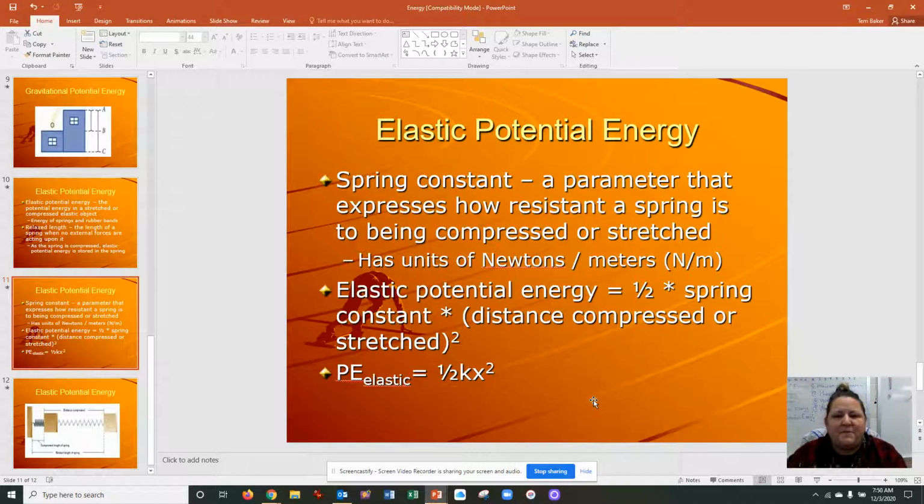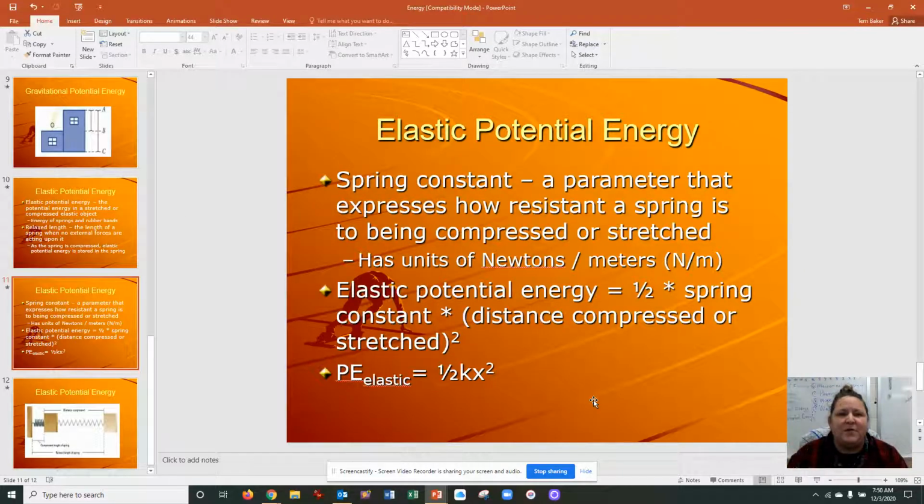If you've ever played with a spring, like from your screen door, not all springs compress with the same amount of energy. Depending on what the spring is made of, metal, plastic, glass, different materials will stretch and compress differently.